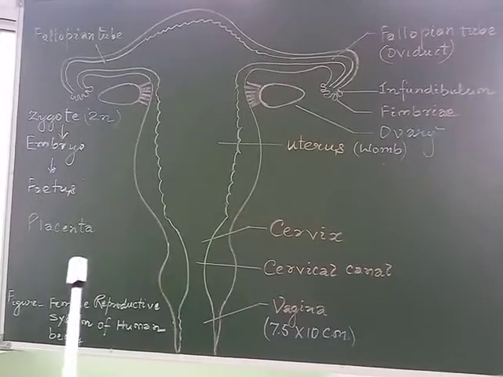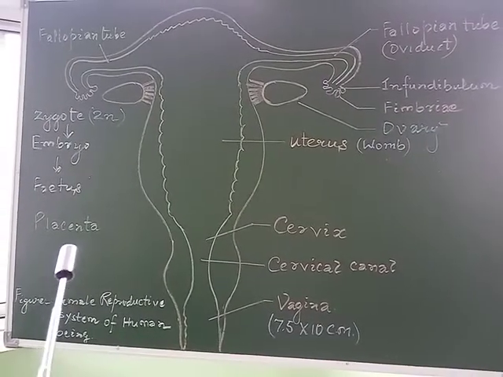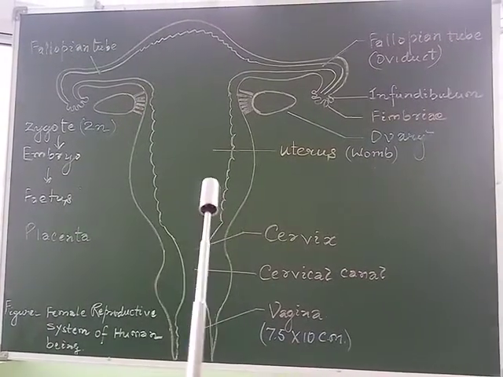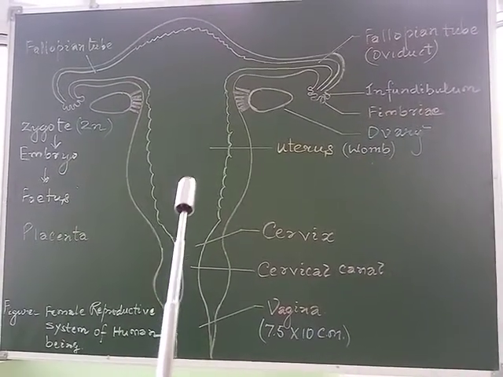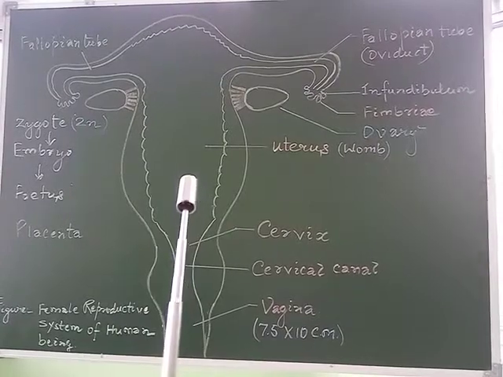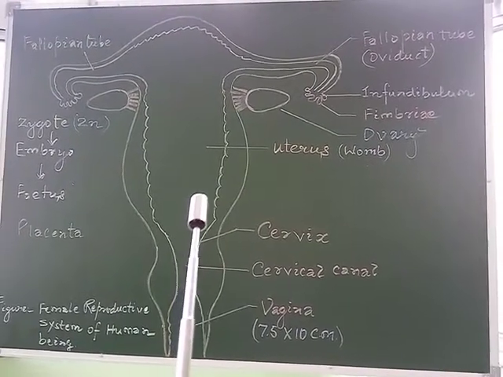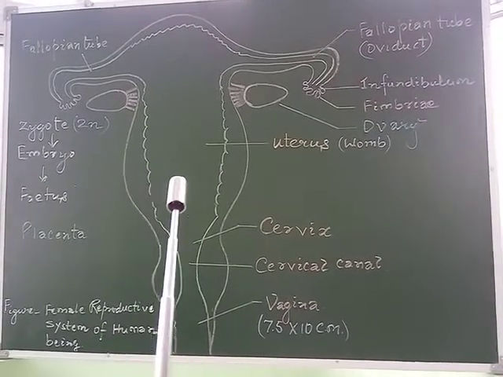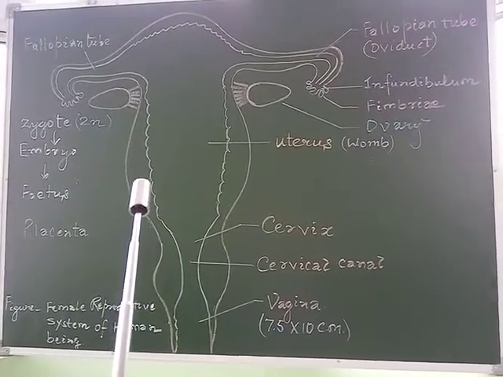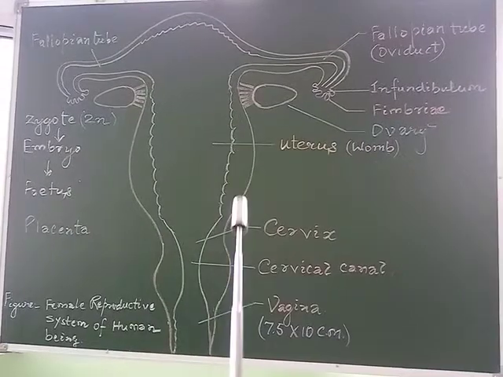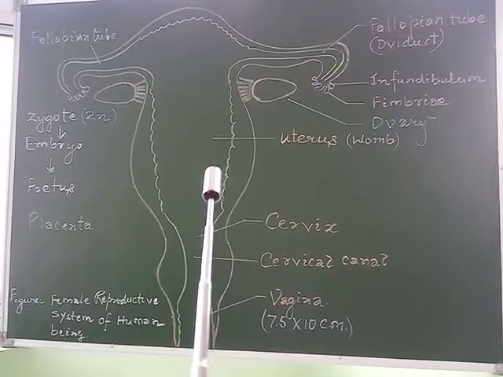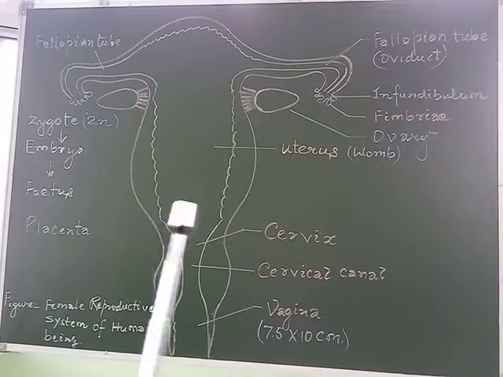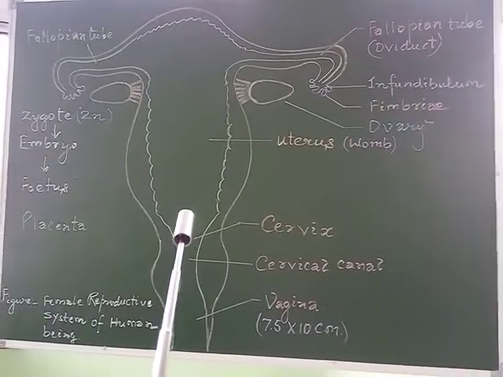We may say that the placenta is the physiological connection between the embryo and the uterine wall of the mother, which is a disc-shaped structure embedded in the uterine wall. The fetal part of the placenta is formed of villi, which lie embedded in the maternal blood spaces, and it carries some essential functions.